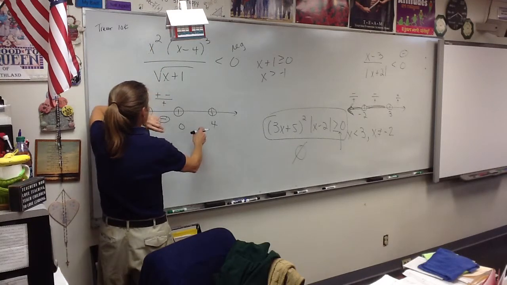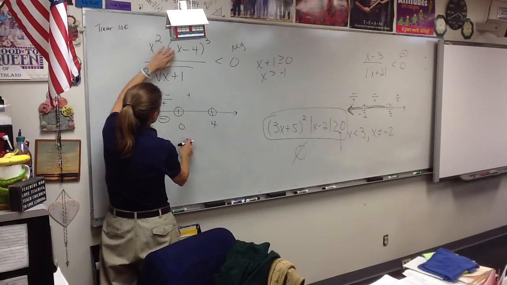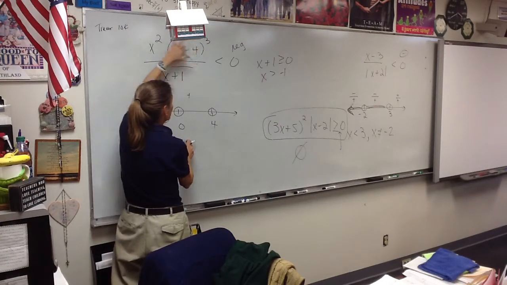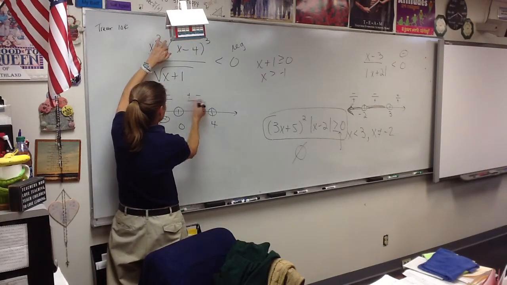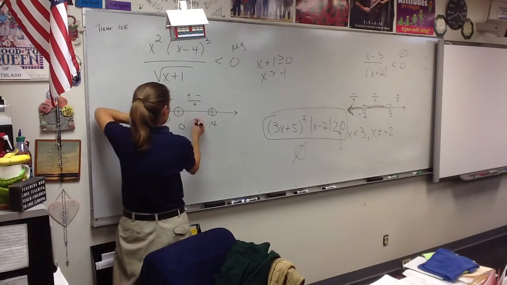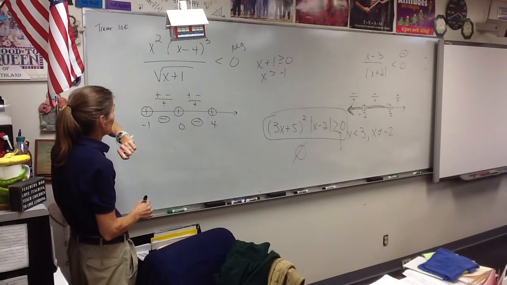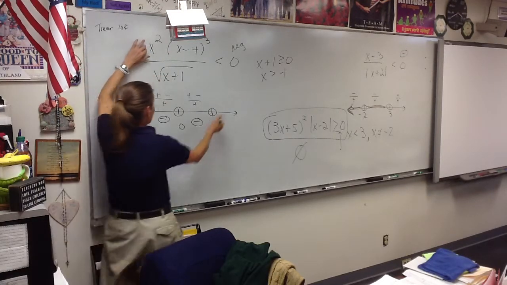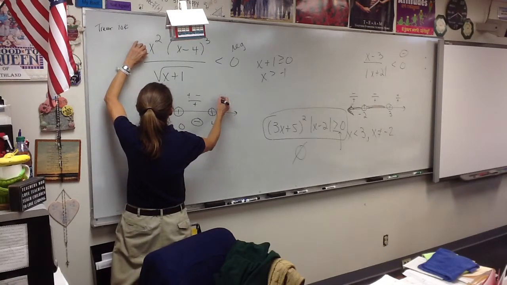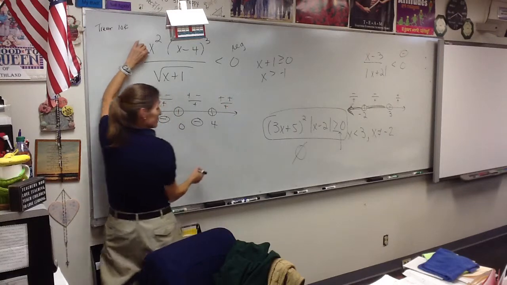Okay, so now I'm going to put in 2. 2 will give me positive. What's going to happen here if I put in 2? Negative. And positive. So that's another negative section. What if I put in 5? Positive, positive, positive.